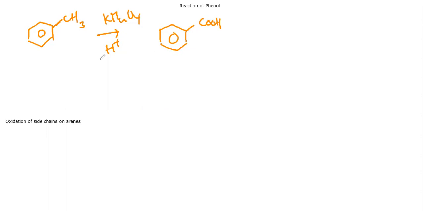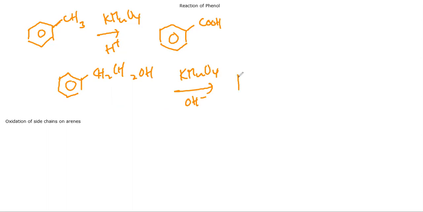For example, I have another one, with CH2OH. If I add the oxidizing agent KMnO4 in the presence of OH minus, then I shall have benzene and also a COOH. Remember, you have an alcohol and KMnO4, therefore one of these becomes CO2.